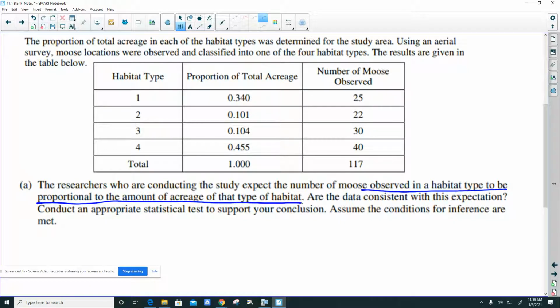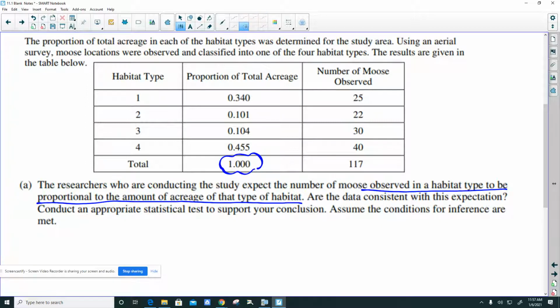Notice the total acreage of all of these habitat types is 1 complete acre. So they're trying to see if the number of moose they're observing is proportional to the amount of acreage. It says, are the data consistent with this expectation? Conduct an appropriate statistical test to support your conclusion.